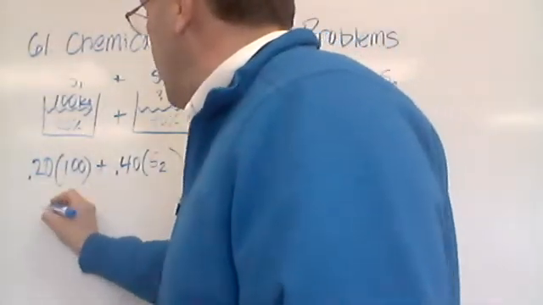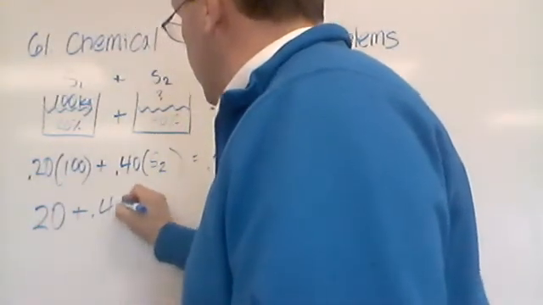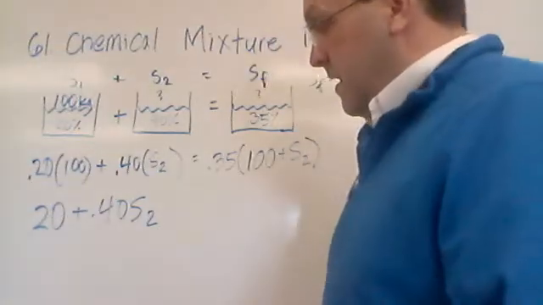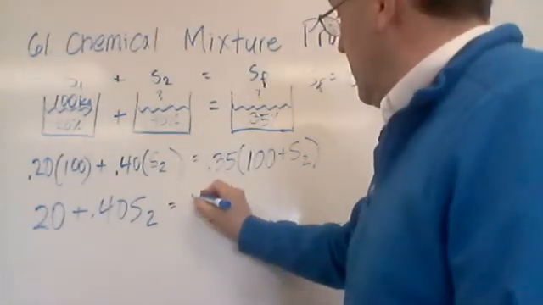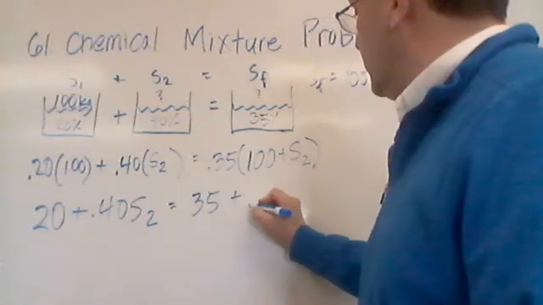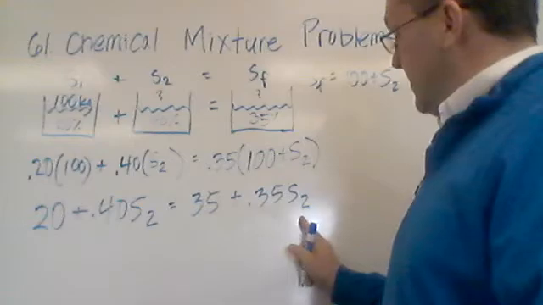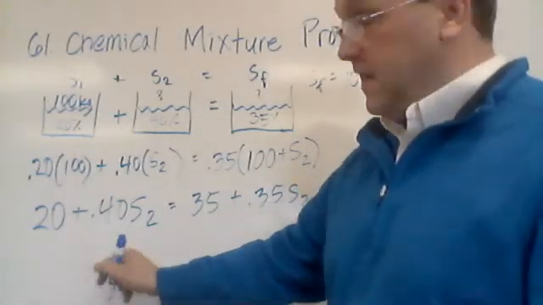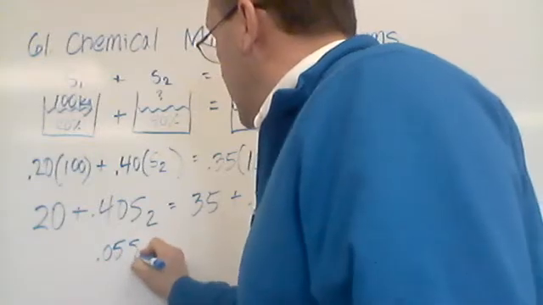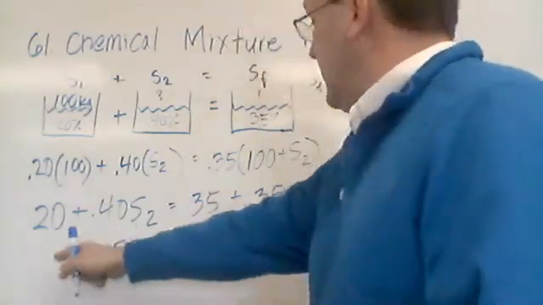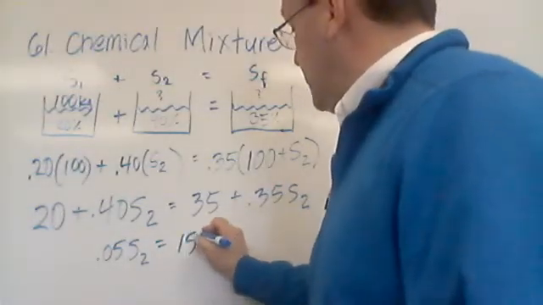Let's go ahead and do the math. 20 plus 0.40 S2 will equal 35 plus 0.35 S2. I'm going to take the S2s to the left-hand side of the equation. I get 0.05 S2. I'm going to take the numbers to this side of the equation. I'll get 15.